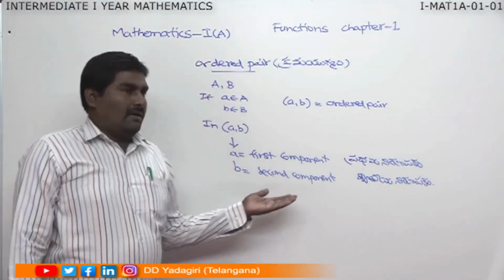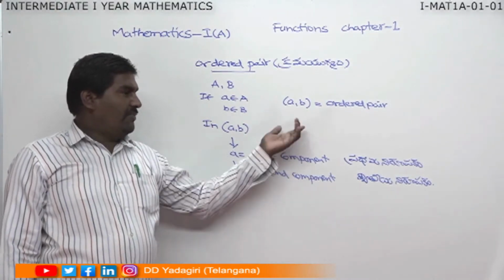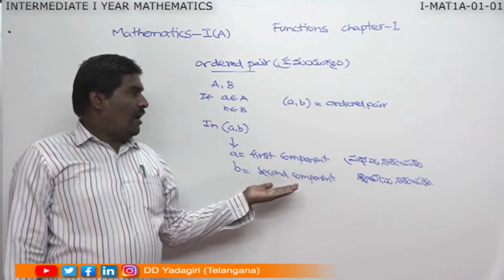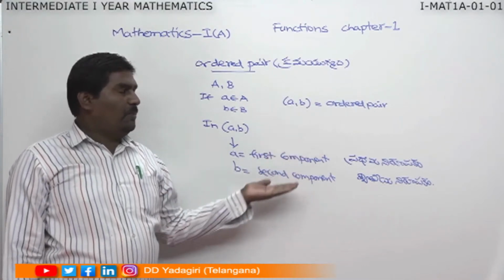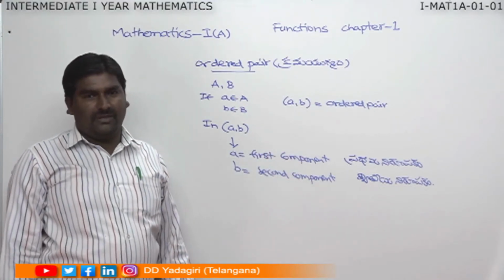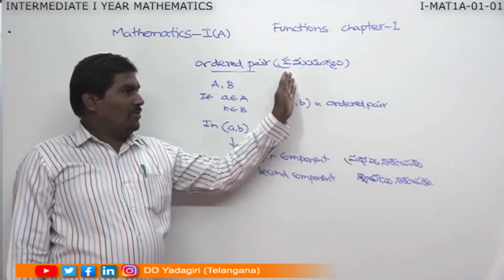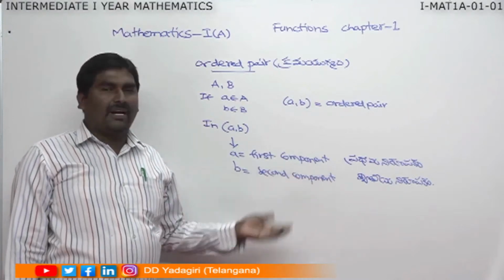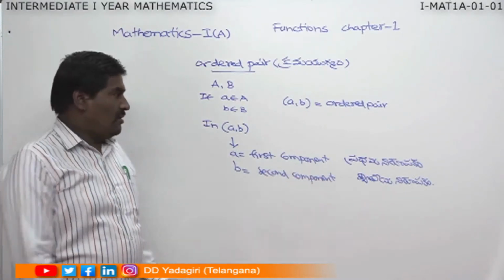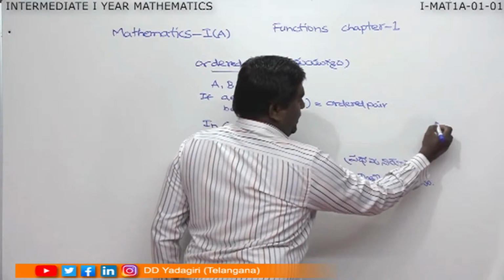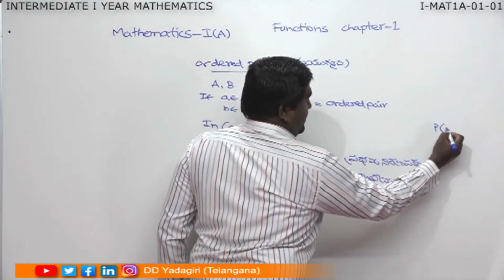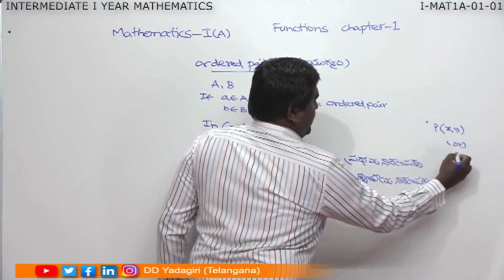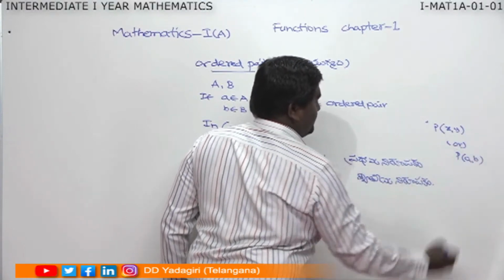Right? In a space, every point can be represented as an ordered pair of two real numbers. For example, if you take one point P in this space, it may be some (x, y), or it may be some (a, b).